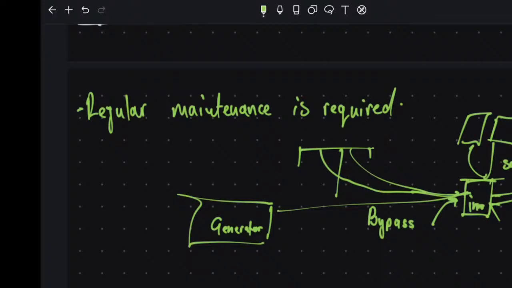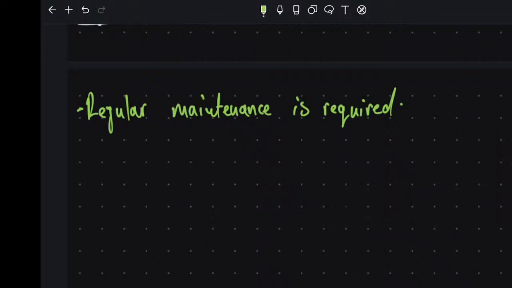The fuses and so on are more fragile than those robust, hard ones where you are manually switching. Do you get it? Because the automated ones have computers and computer chips, they need regular maintenance. So regular maintenance is required for automated systems.